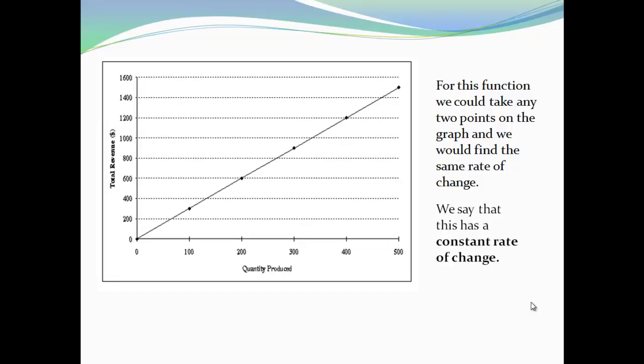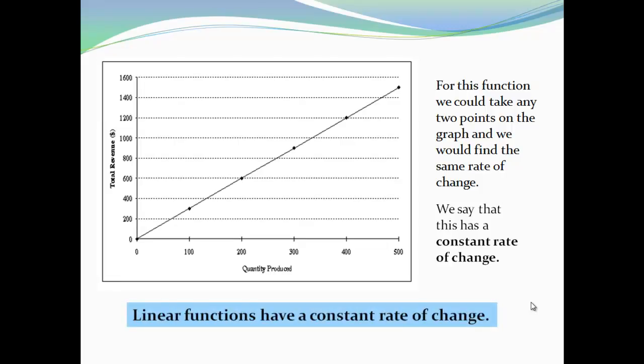We say that it has a constant rate of change. Linear functions have a constant rate of change. So when you have a graph and you find the average rate of change during different parts of the graph and they're the same, then you have a linear function.